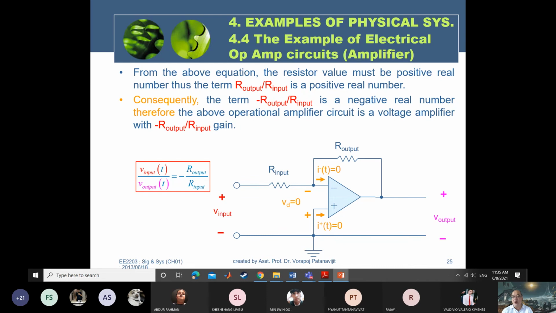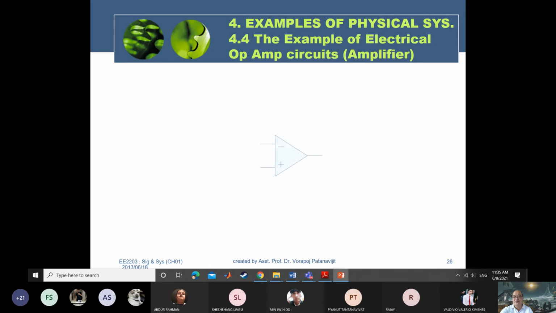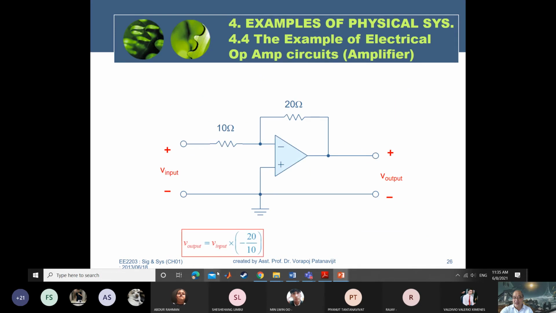Therefore, the above operational amplifier circuit is a voltage amplifier with the gain equal to minus R output divided by R input. If we assume that our input equals 10 and our output equals 20, it means the output amplifies the input by 2, but the sign is reversed; it's negative.